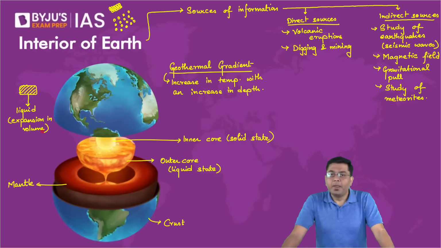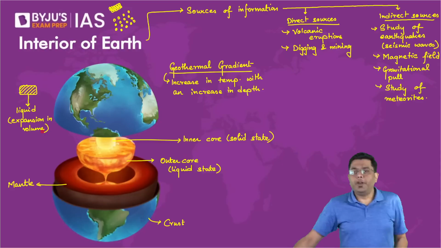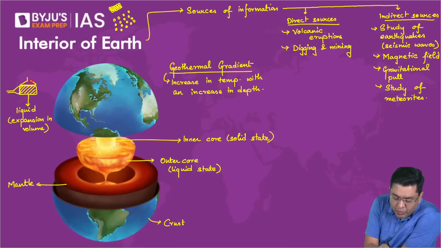Now, imagine a situation whereby this solid object is not allowed to expand at all. From all areas, I have put a kind of obstruction so that the volume expansion cannot happen.